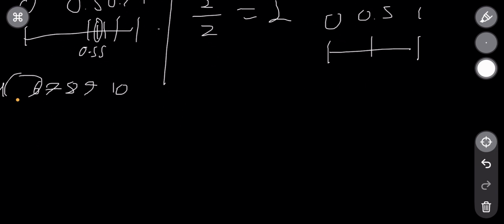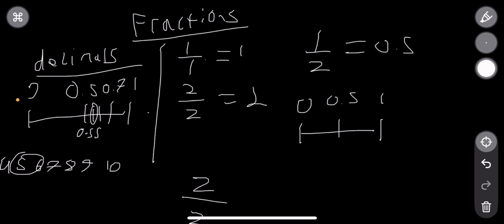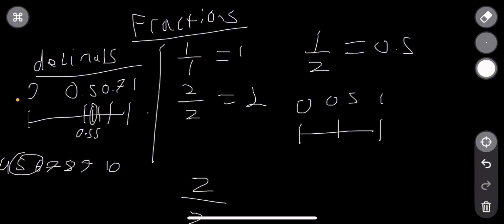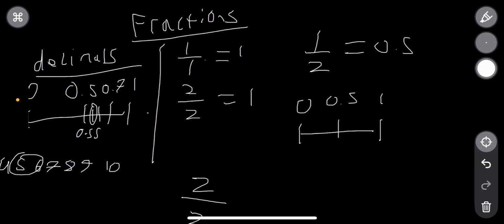So, if we move down to, say, 2 over 2, right? Oh wait, I just realized that's meant to be a 1. Oops. That's meant to be a 1, okay, right?